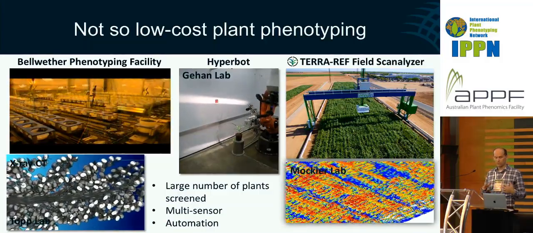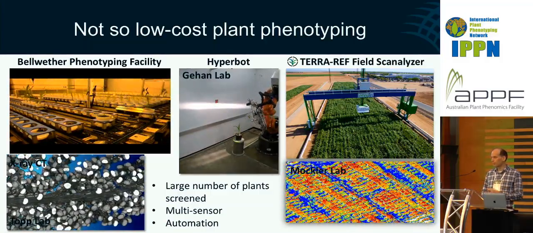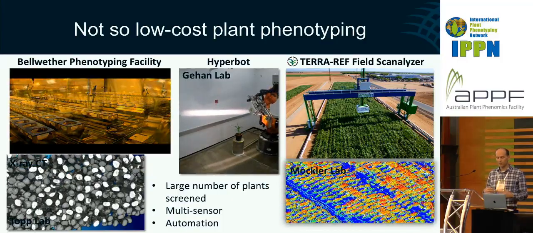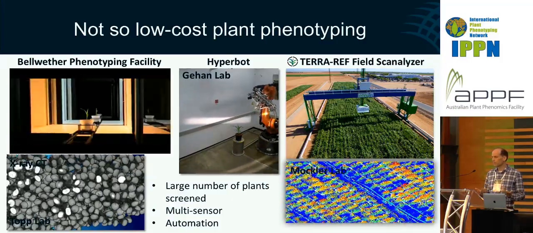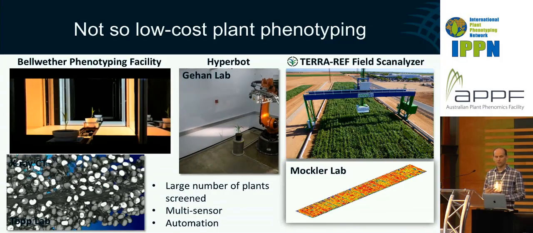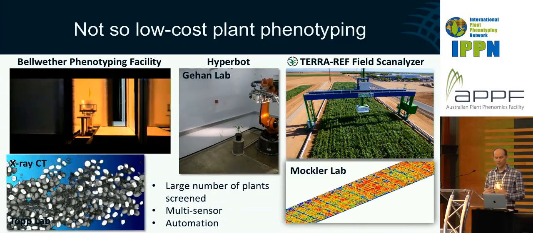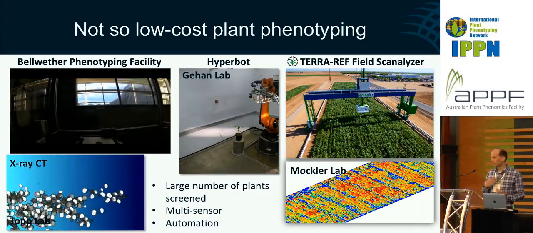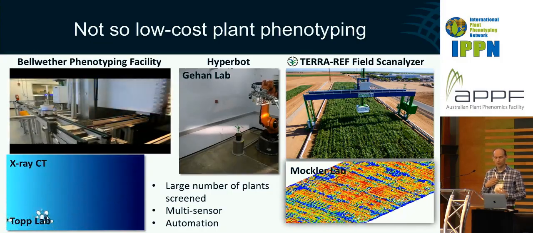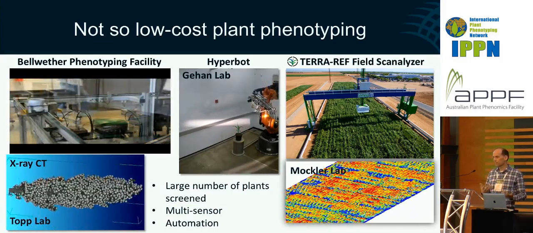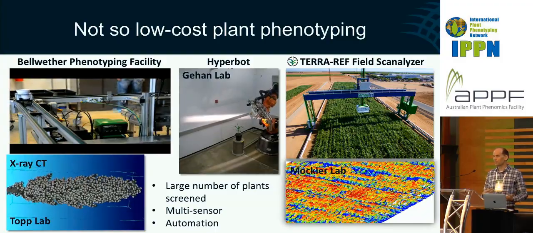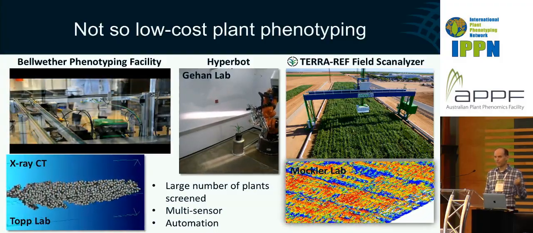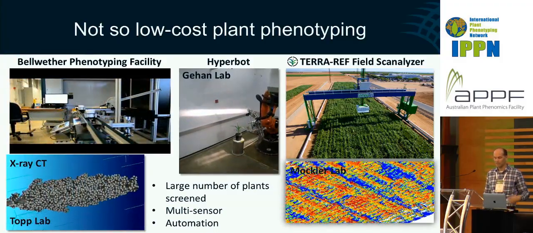So the Bellwether platform and the TerraRef platform can screen large numbers of plants. They have multiple sensors integrated on them, and they obviously have a high level of automation. So the high cost comes with all those benefits of being able to turn on the system and run it without having to think about the engineering.